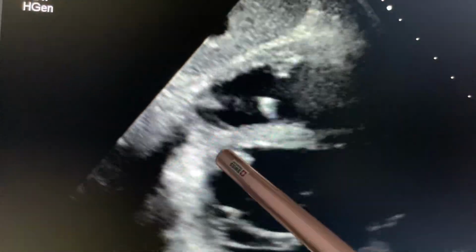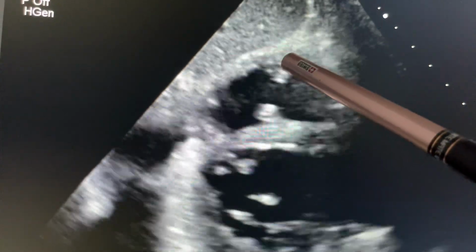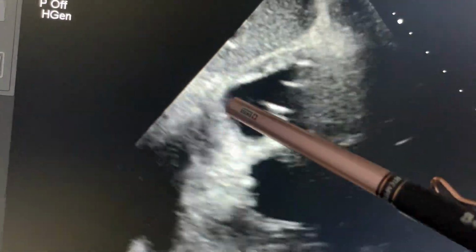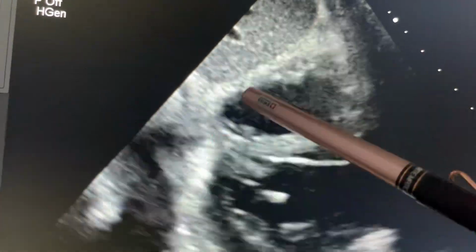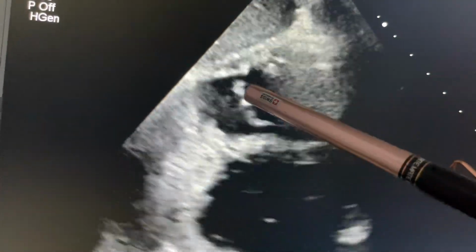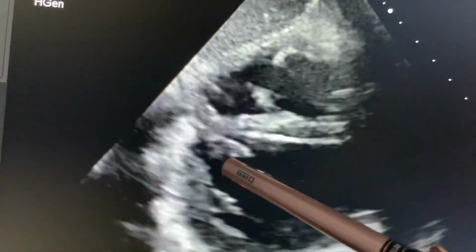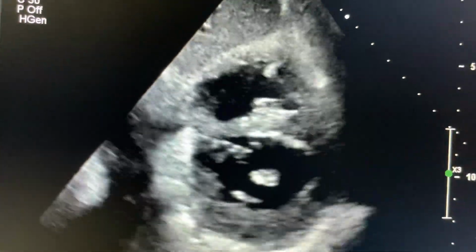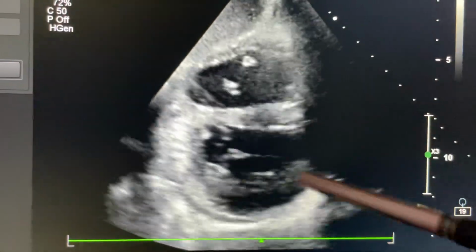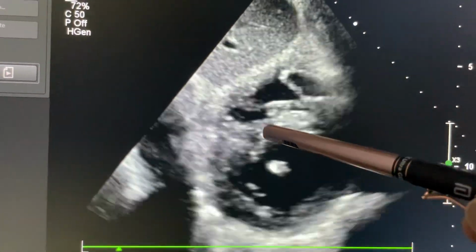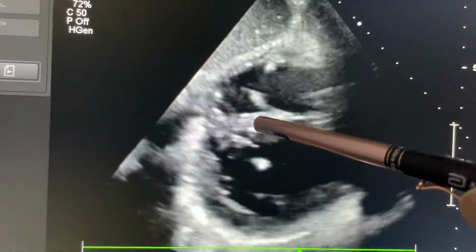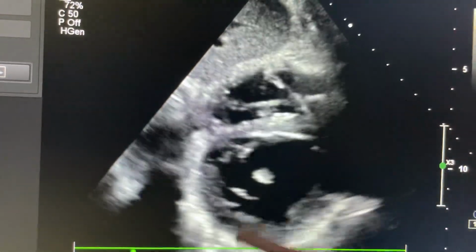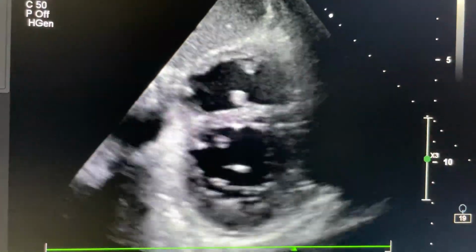So this is the basal portion of the inferior wall, and this is the basal portion of the right ventricle free wall. This is almost akinetic in this view. So ultimately this case is a case of right ventricular infarction along with inferior wall infarction.